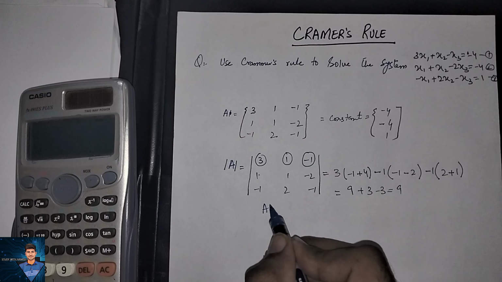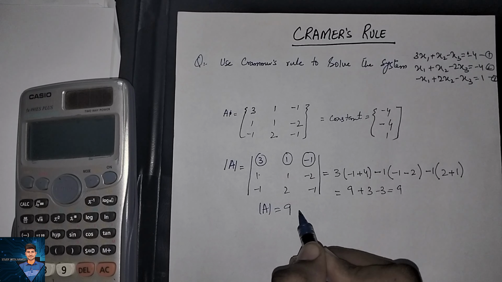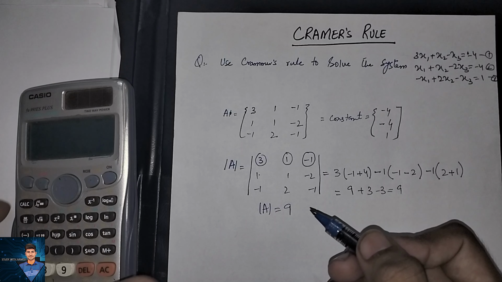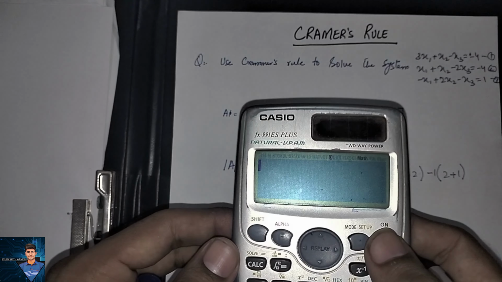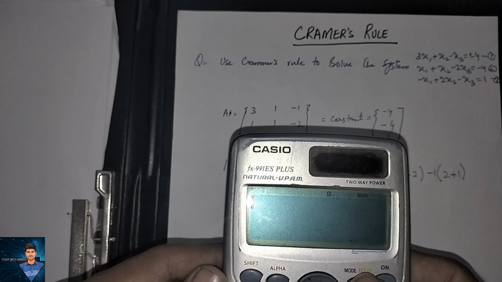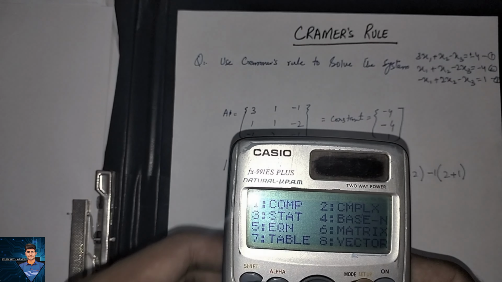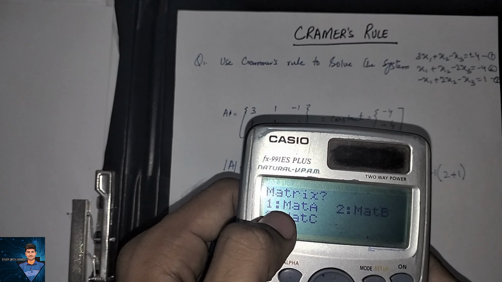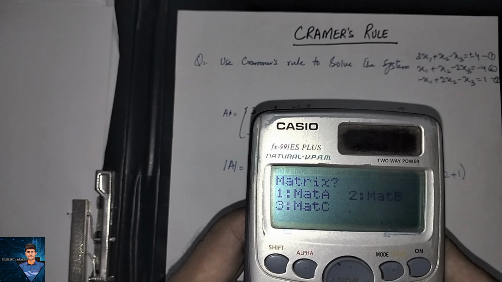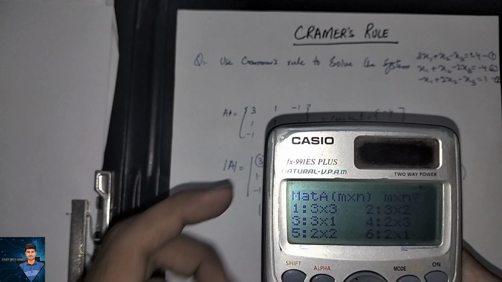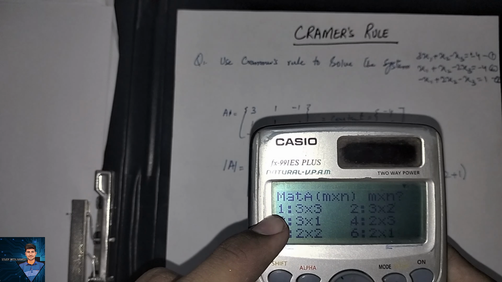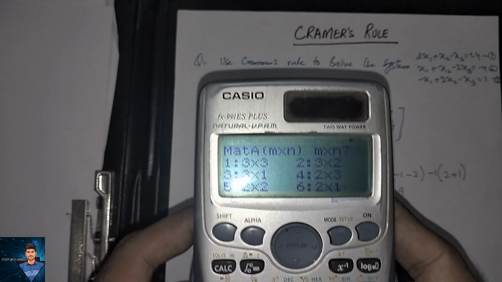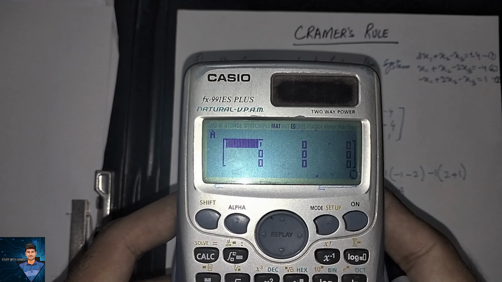So the determinant of A will be 9, and we can solve it by calculator as well. In the calculator you will press mode. Here in mode you will press 6, and you will put the value of matrix A. First of all you will put the order of the matrix. It will be a 3 by 3 matrix. You will press 1.